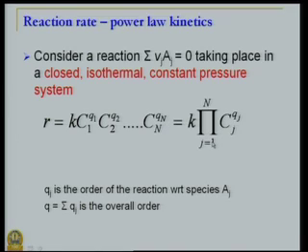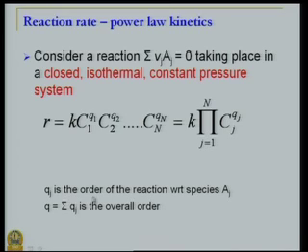In a compact form, we can express this as rate equal to k, the proportionality constant, times the product of Cj raised to qj, j going from 1 to n.